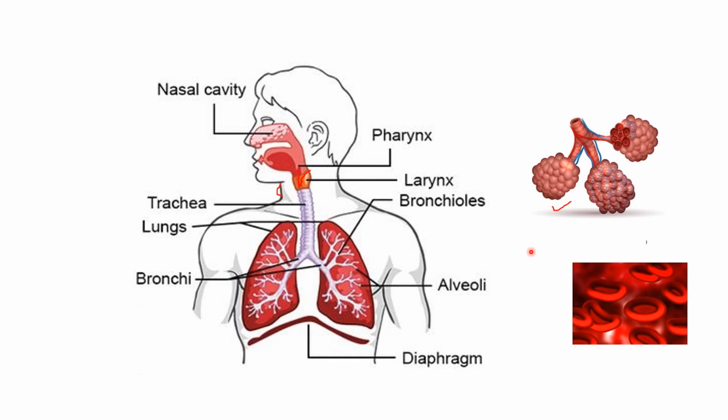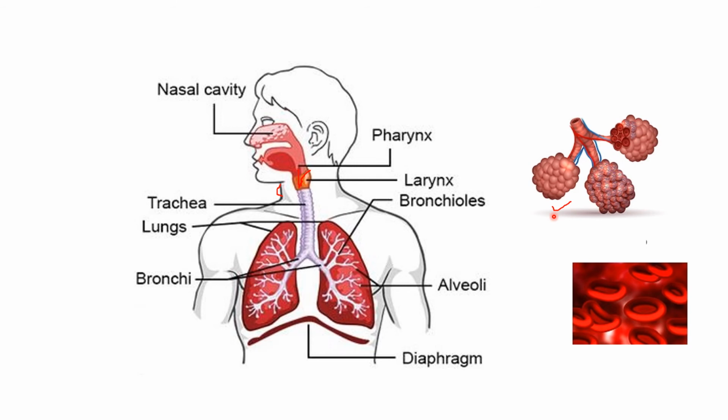Which food? You know that in digestion you have seen that glucose is present there, and this glucose, which is one of the end products of digestion, gets oxidized by this oxygen to release energy.